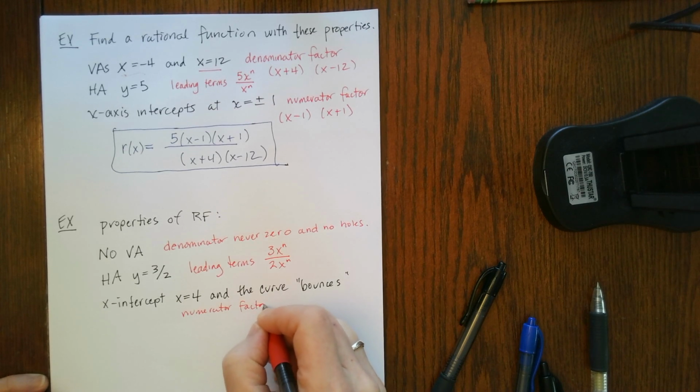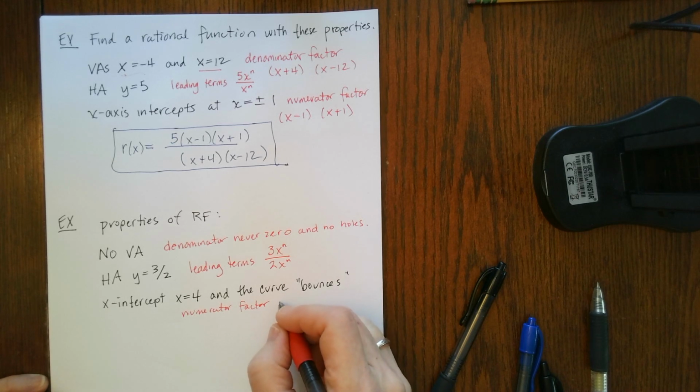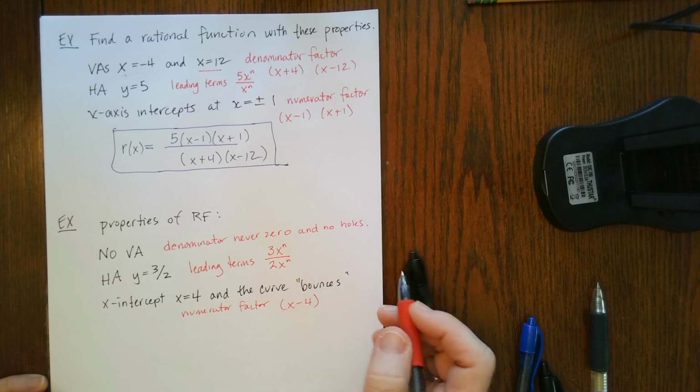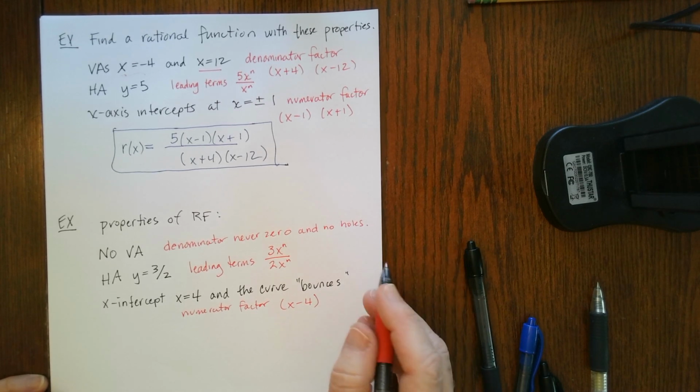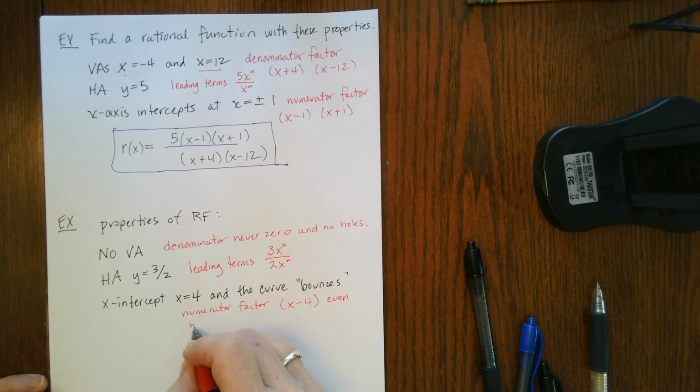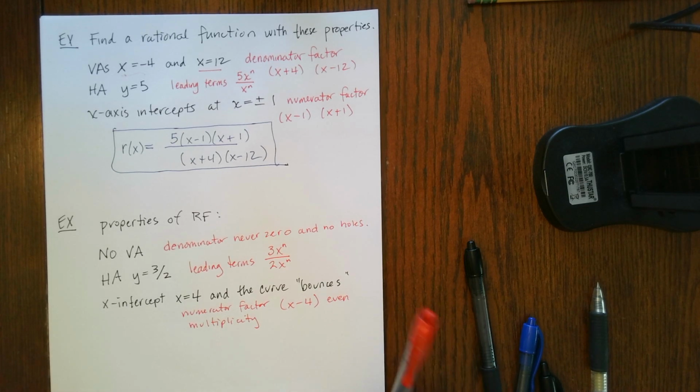factors, and it's going to have the factor of x minus 4, and since it bounces, that means that it's going to have even multiplicity. So we could square it, for example.